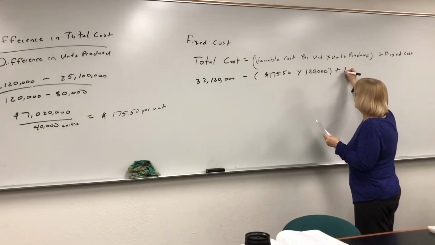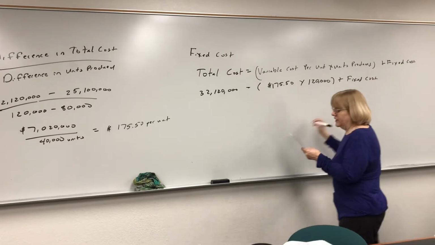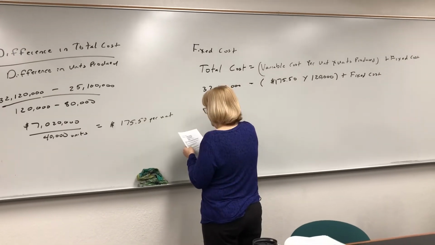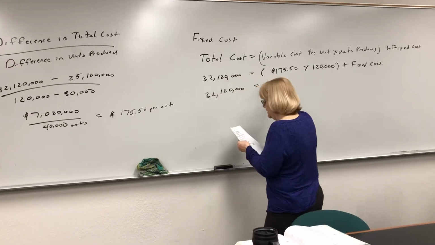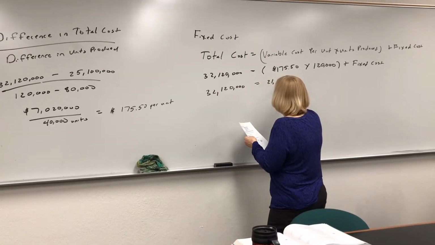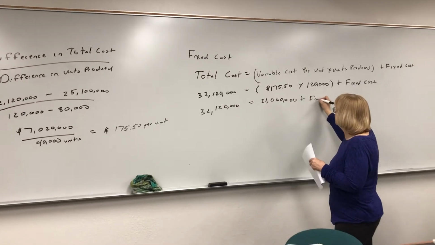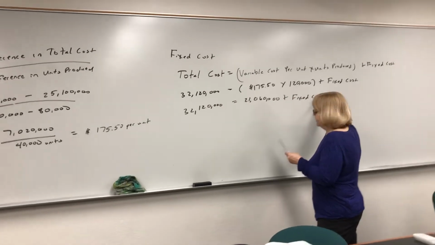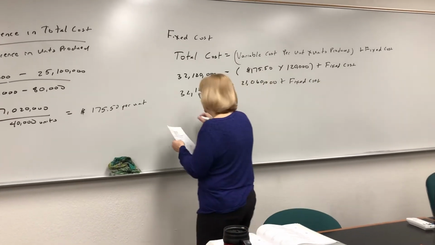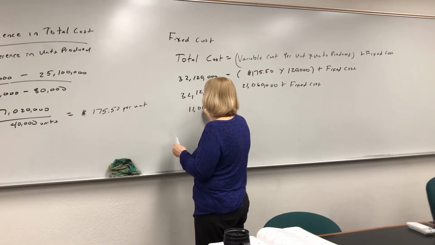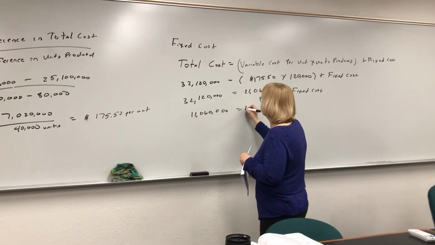And then plus our fixed cost. So we get 32,120,000 equals 21,060,000 plus fixed cost. And of course, we just subtract the 21,060,000 from both sides, and we end up with fixed cost equals 11,060,000.